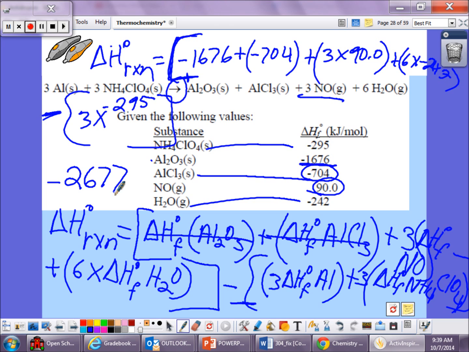So I'm so glad you can plug those numbers. This is delta H of the reaction equal to negative 2,677. Remember the unit, it is kilojoule per mole. So you have to be extremely careful.